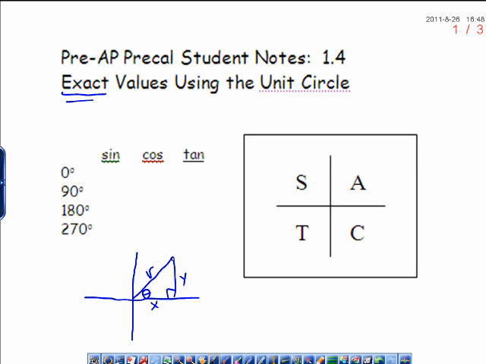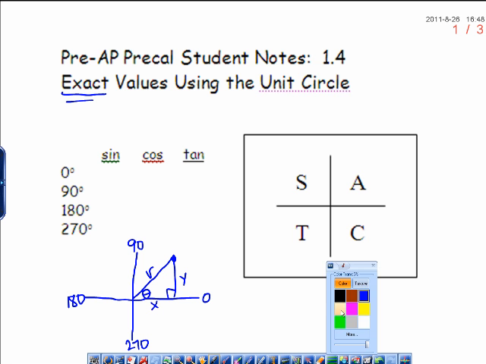I want to say what happens when this point is actually at 0 degrees, or at 90, 180, or 270. These are really not that bad. They're easier to find than you probably are thinking, and I'm going to show you an easy way to remember them with a cutesy little rhyme.